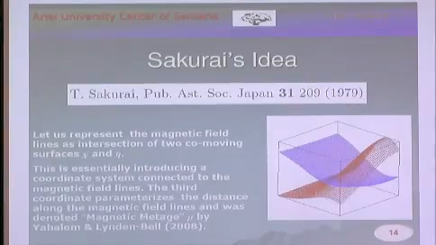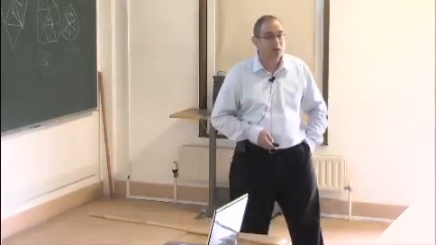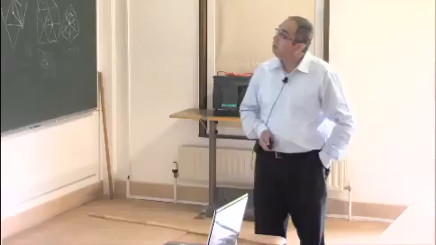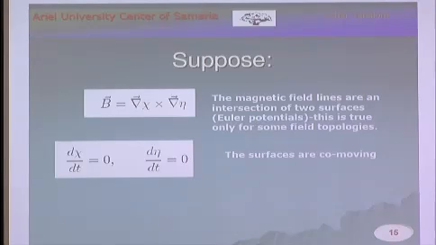The third coordinate parameterizes the distance along the magnetic field line and was denoted magnetic metage by Lindenberg and myself. Now, if you do that and you choose the surfaces correctly, you get B as grad chi cross grad eta. You cannot do it for any topology, so this restricts the topology that I'm going to discuss. Those are also called Euler potentials by some authors.